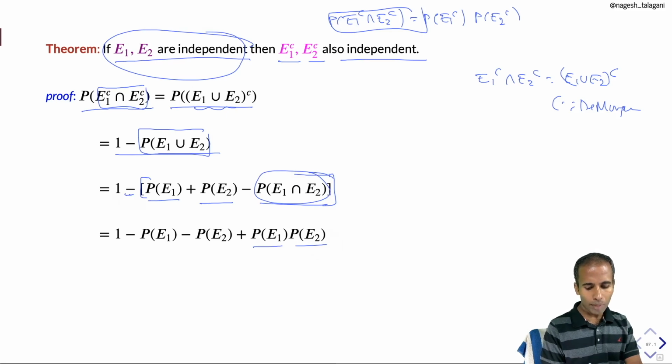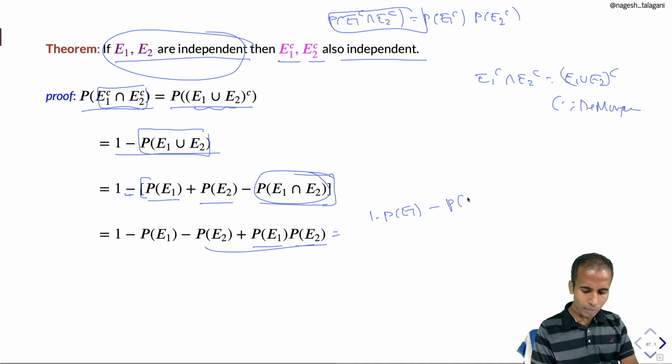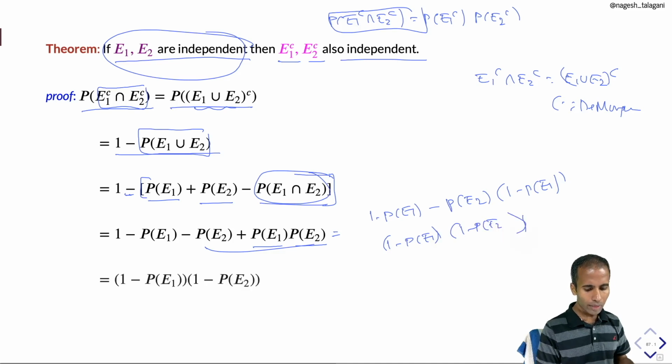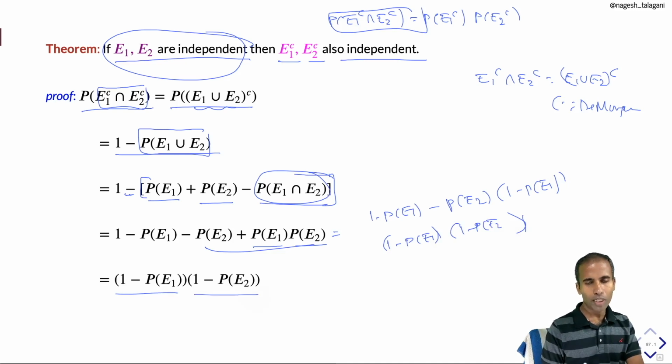Now here we have 1 minus probability of E1, and if we take minus probability of E2 common, then we have 1 minus probability of E1 times 1 minus probability of E2.